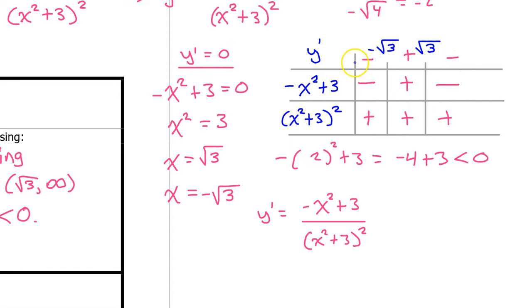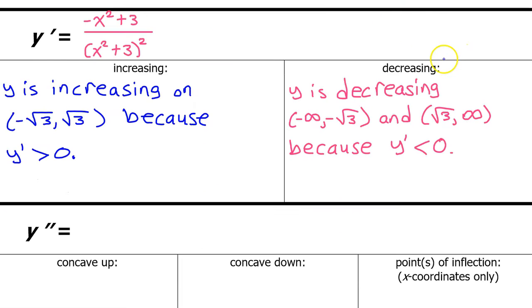That's from negative infinity to negative radical 3, and from radical 3 to infinity. We say y is increasing on the interval from negative radical 3 to positive radical 3 because y prime is positive, and y is decreasing on the interval from negative infinity to negative radical 3 and from radical 3 to infinity because y prime is negative.